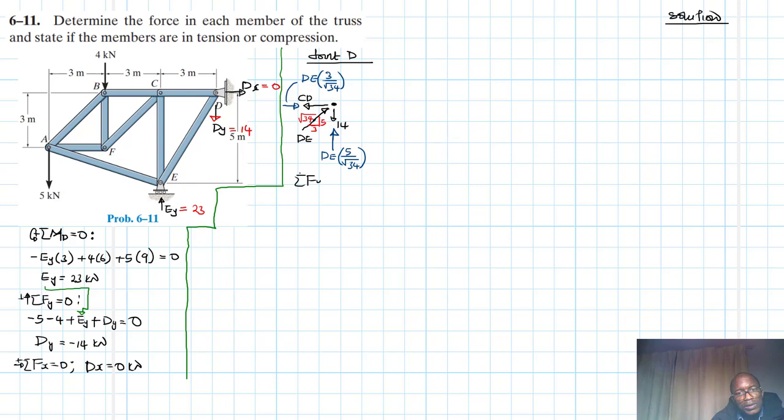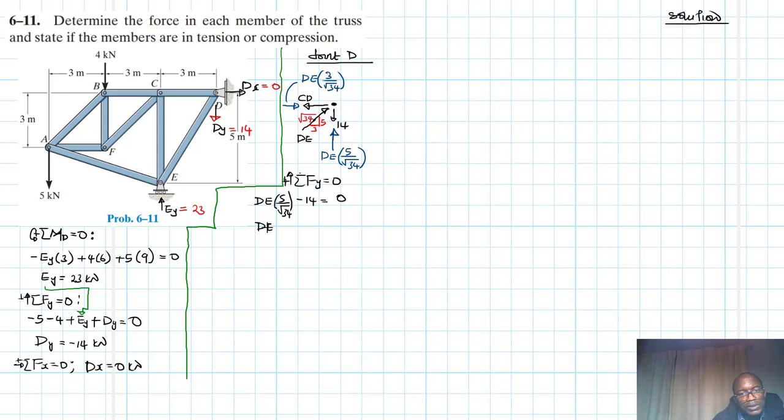Summation of forces in the y equal to 0. Going up in our reference, what do we have in the y? We have DA times 5 divided by root of 34, minus 14 equal to 0.